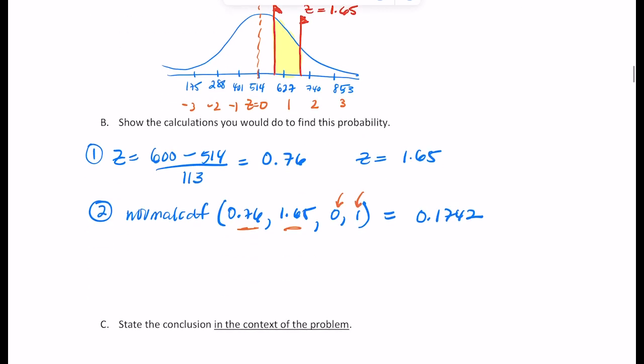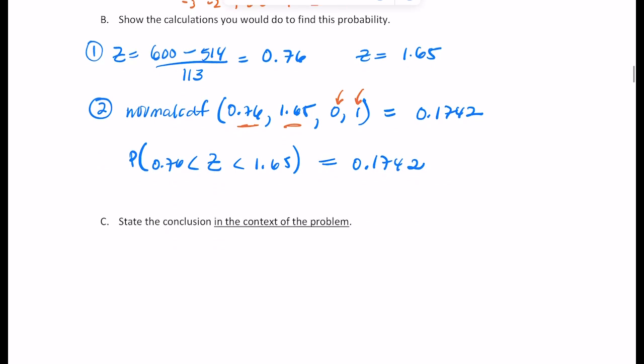Okay, so I want to show you a little notation here. Really what we found was that the probability that someone's score was between a z-score of 0.76 and 1.65 is equal to 0.1742. Okay, so how would I write that in context? Well, there's a couple ways you could say it.